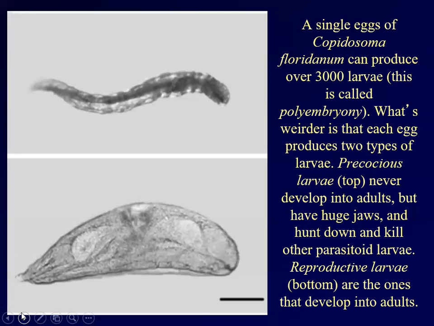Yes? So does the reproductive larvae try to destroy or consume the precocious larvae of the same parent? As far as I know, they don't. They don't have the jaws that you need to fight back. What the reproductive larvae would do is basically just eat the caterpillar.